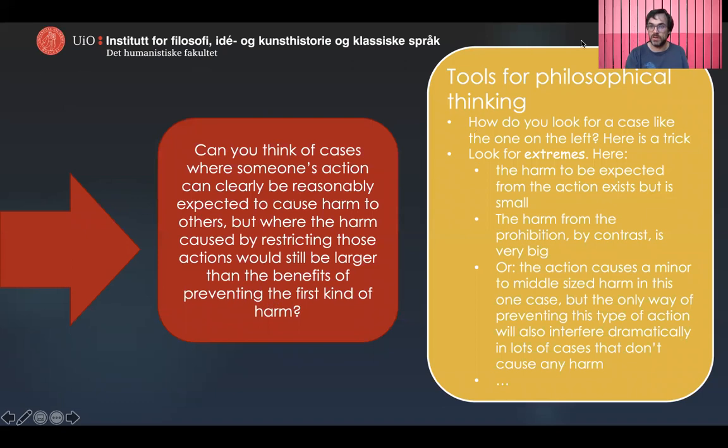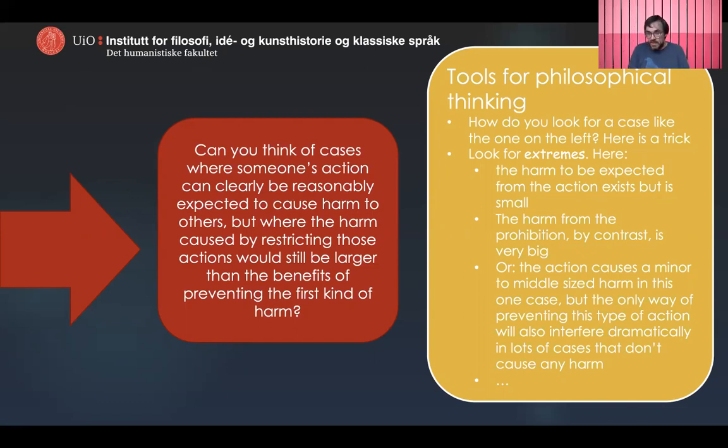Now, in order to come up with examples here, I'll give you some tools for philosophical thinking. In order to do this, look for extremes. Look for cases where the harm to expect from the action exists, so the action is harming another person, but maybe it's small. But the harm from prohibiting that action, by contrast, may be very big.